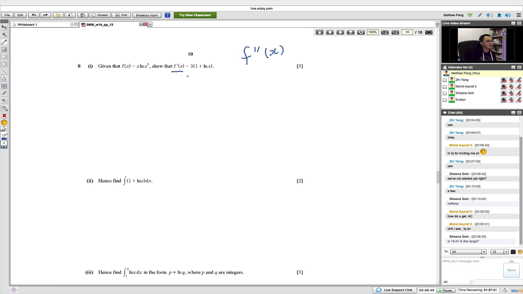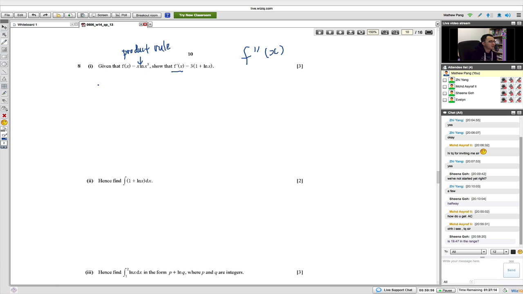So I want to differentiate this one. First thing is you must be able to recognize that you have to use the product rule, because you cannot multiply the x into the ln x cubed. So I want to use the product rule.